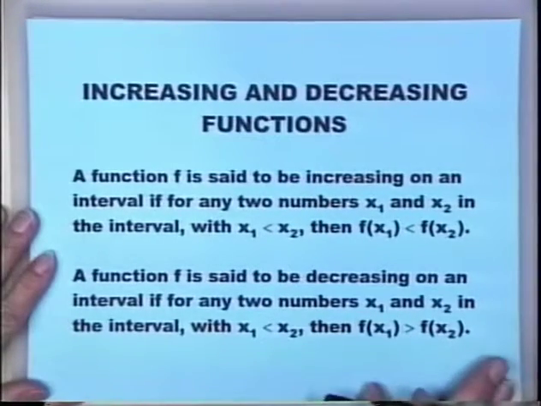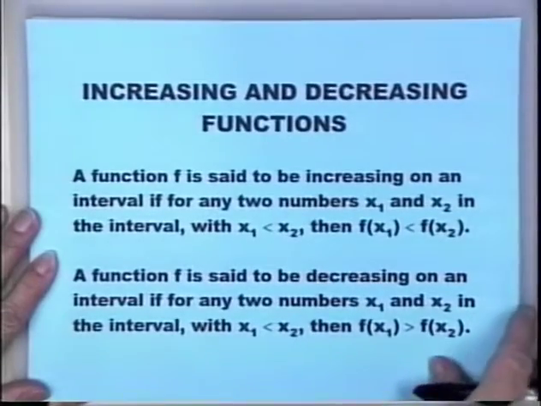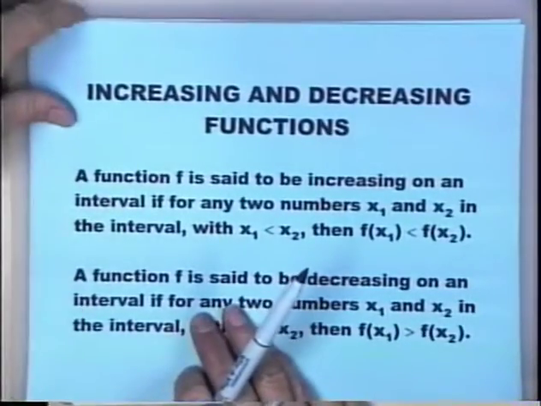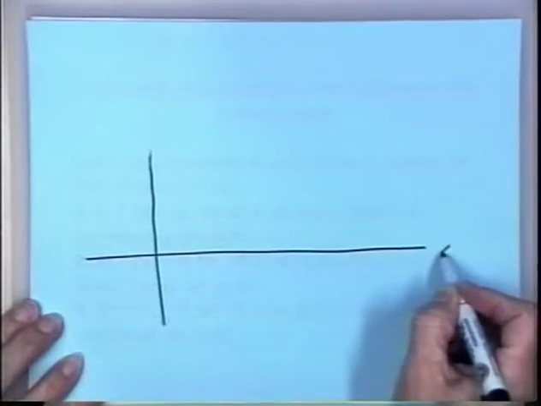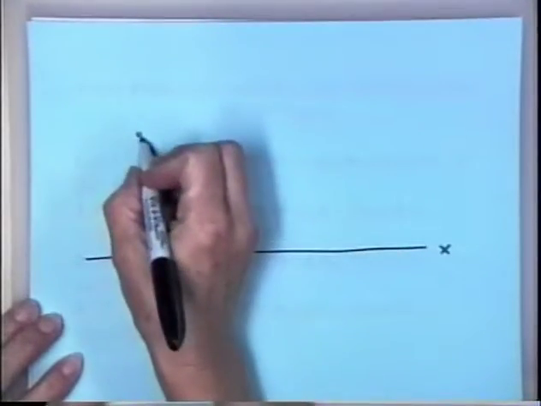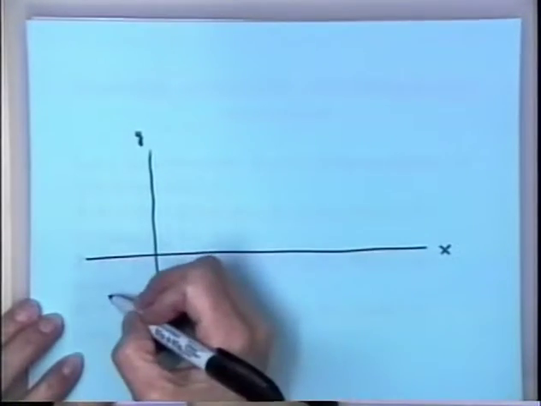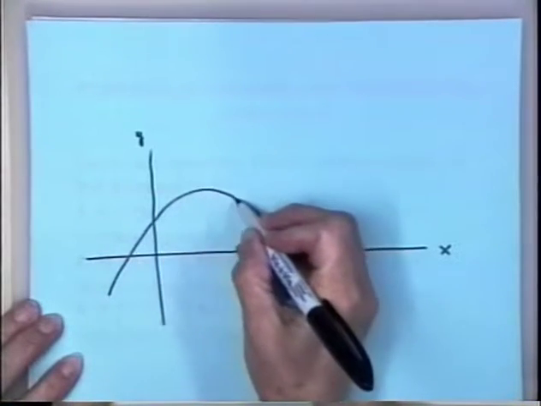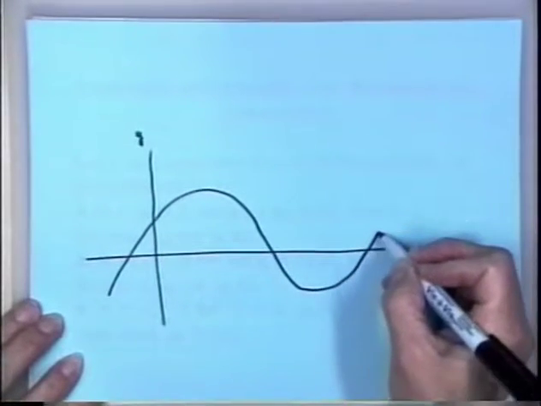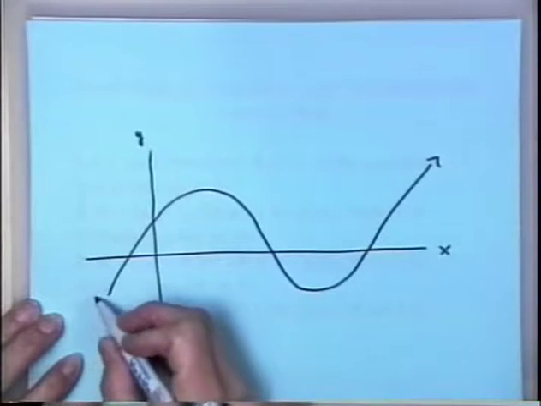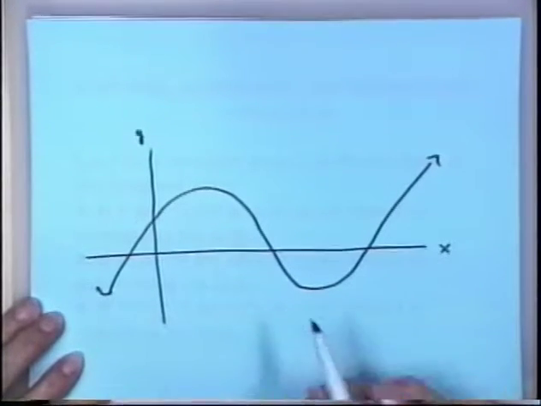Now let's go to a blank screen for a second, and what I want to do is randomly sketch a little bit of a graph. So we're going to have our x-axis here, our y-axis here, and let's just say that when we graph our function, it looks kind of like a sine graph, maybe part of one.